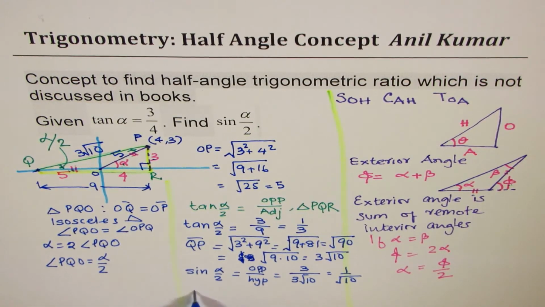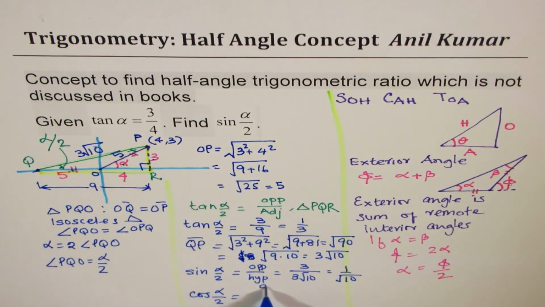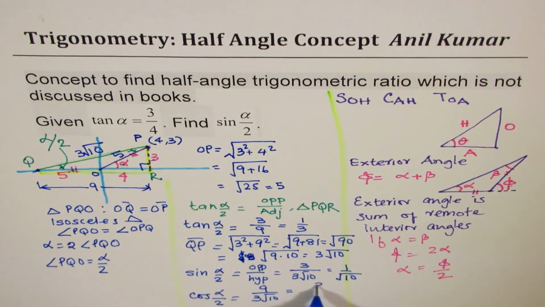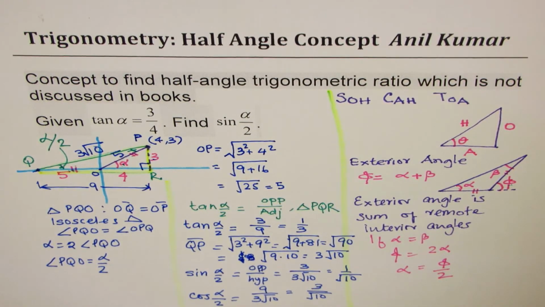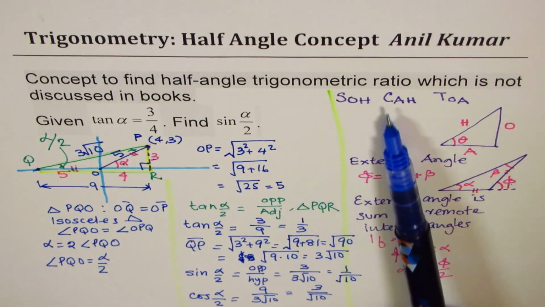And if you want to find cos alpha by 2, it is adjacent over hypotenuse, 9 over 3 square root 10, which makes it 3 over square root 10. Do you see that? So you could find all trigonometric ratios, sine, cosine, and tan, simply from your basic knowledge of what you've learned.